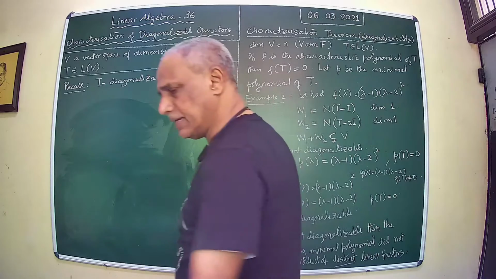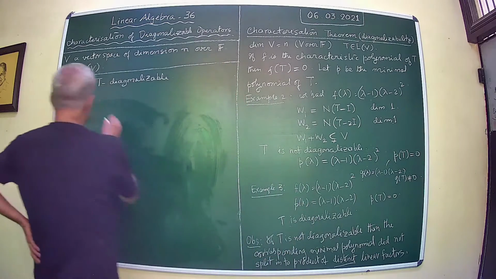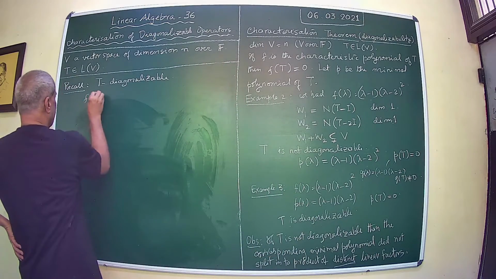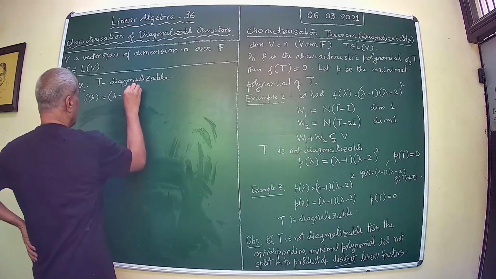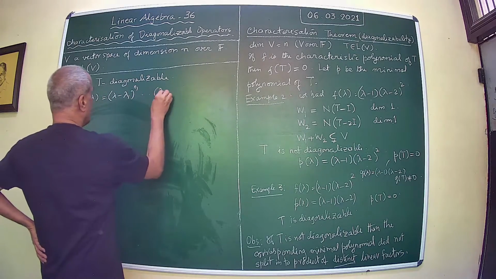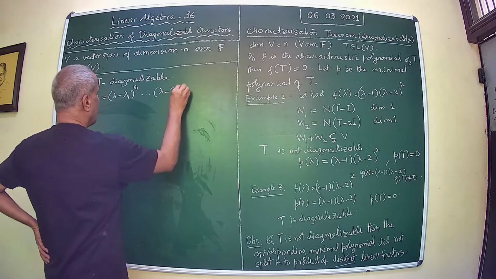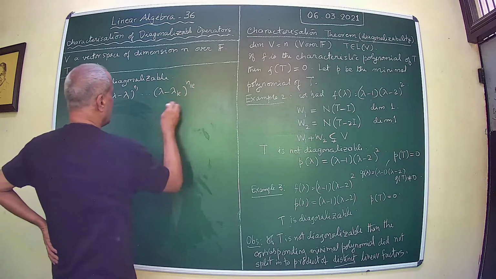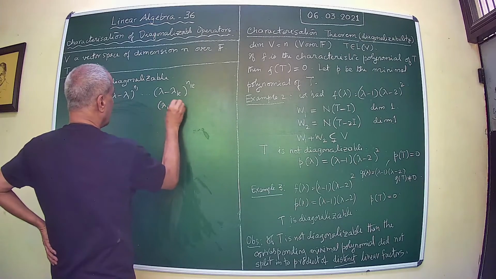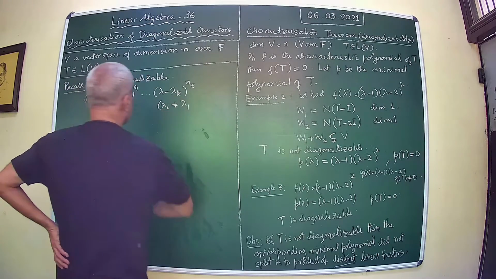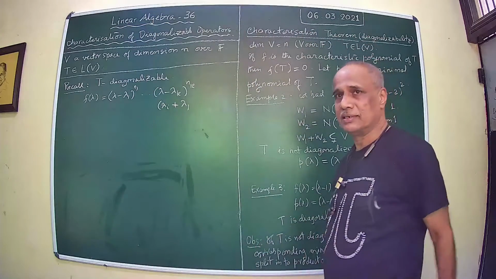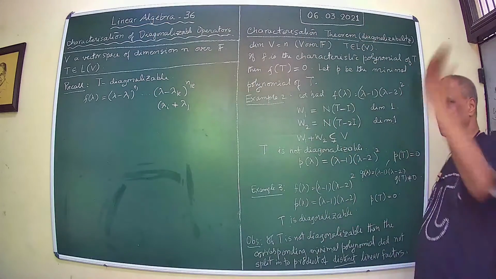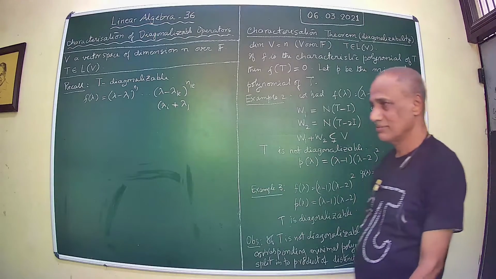And in that case, we have directly verified that F lambda is certainly of the form, necessarily so, because you get the matrix, it has only diagonal elements.